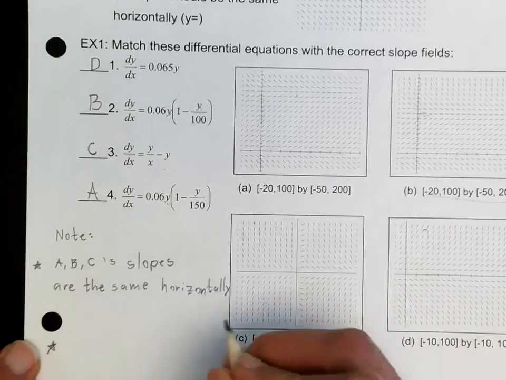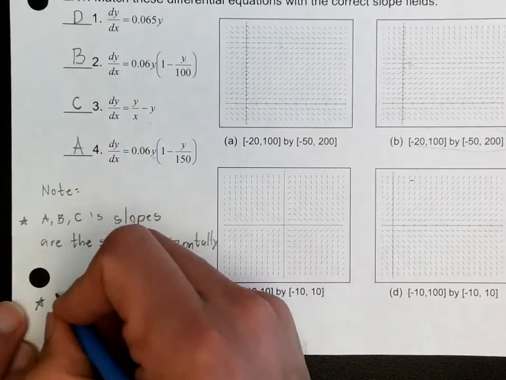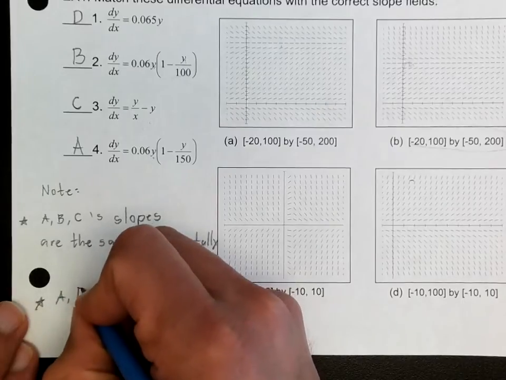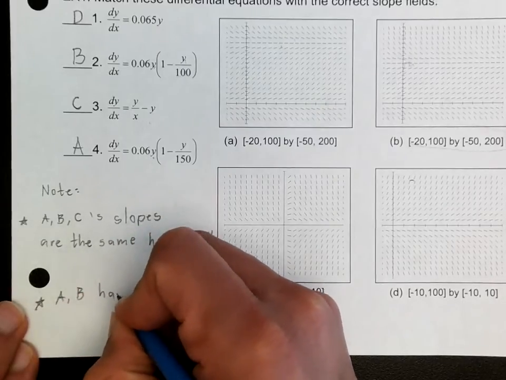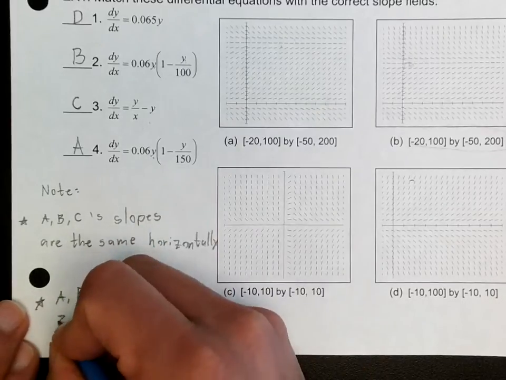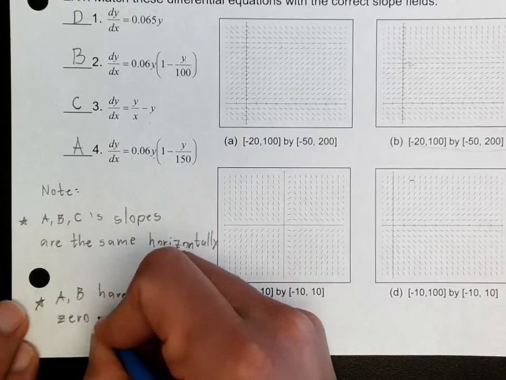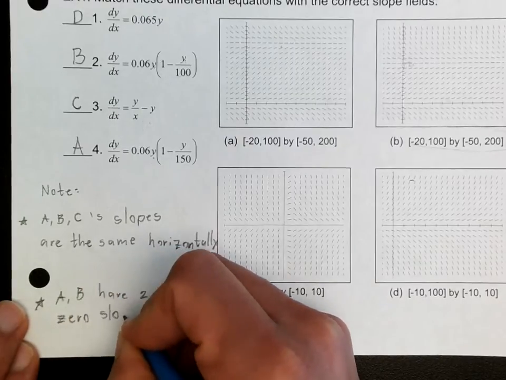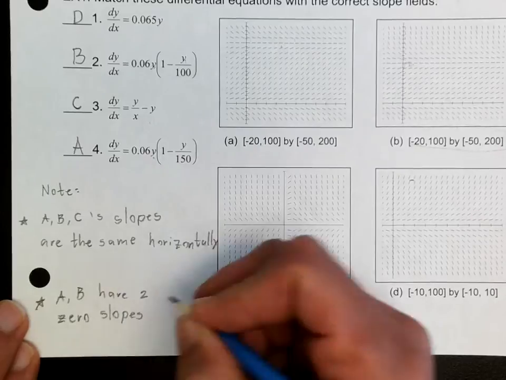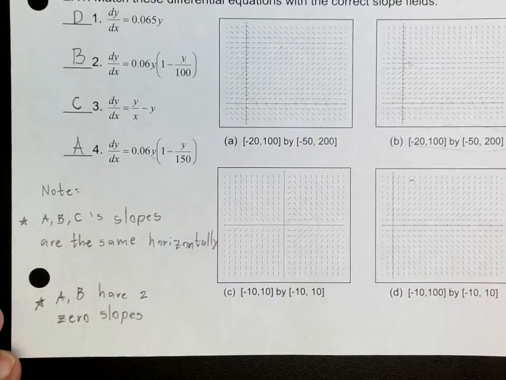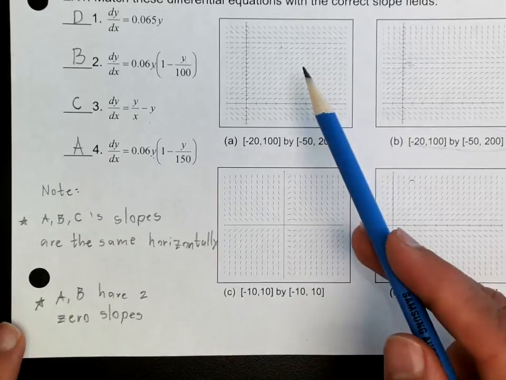And graphs A and B have two zero slopes. And again, those zero slopes are located at y is equal to 0, which is the x-axis, or depending on which one you're talking about, at y is equal to 100, or y is equal to 150, like that one.